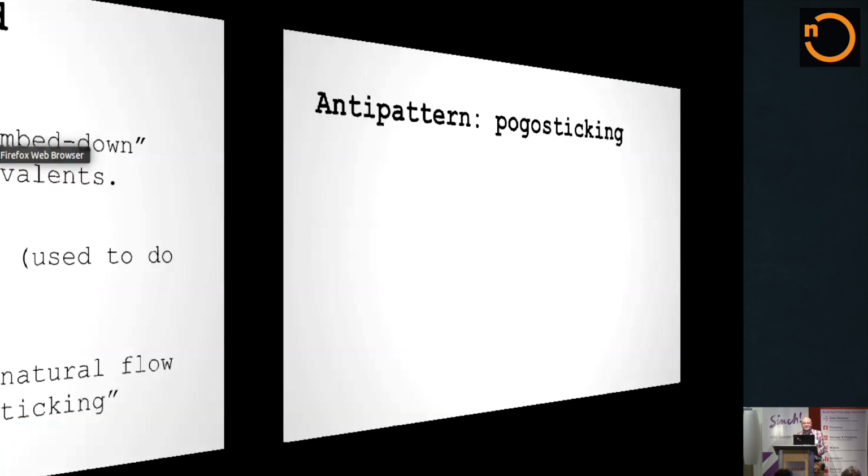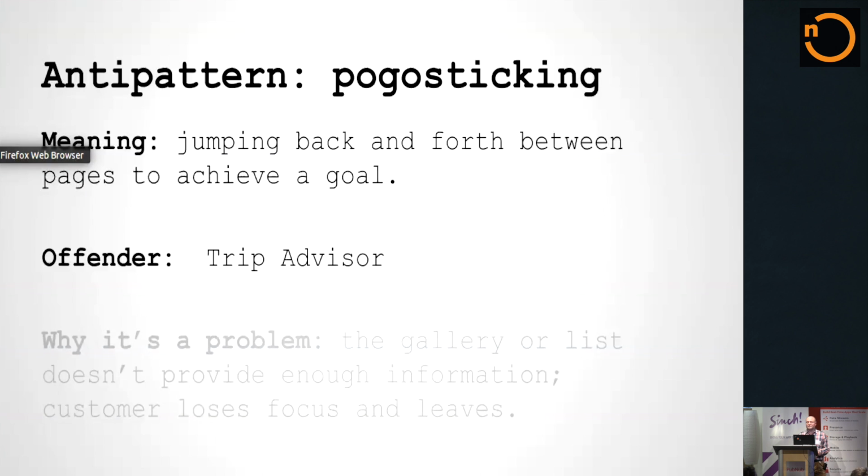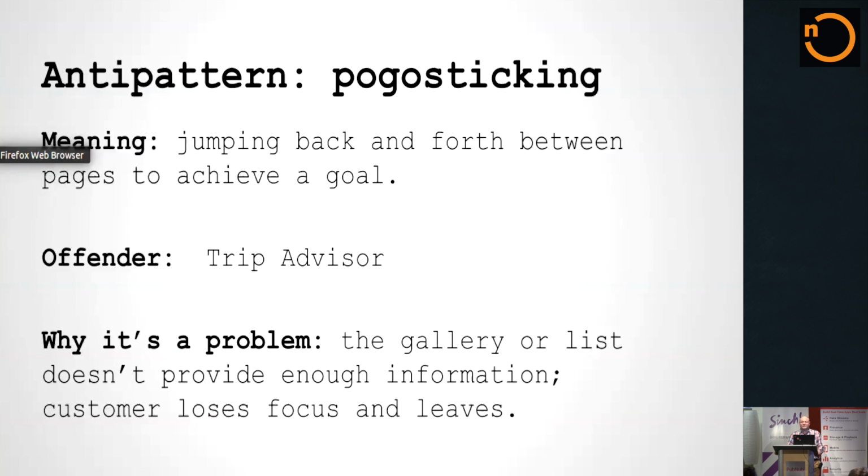And obviously the last anti-pattern I have, and the thing that I want to close you with, is the whole thing of pogo sticking. This is where I'm jumping back and forth between pages to achieve a goal. In the old version of TripAdvisor, they used to do this. I open TripAdvisor and I have a list of trips, but there's not enough information on that main activity under each trip to tell me enough to make a decision.